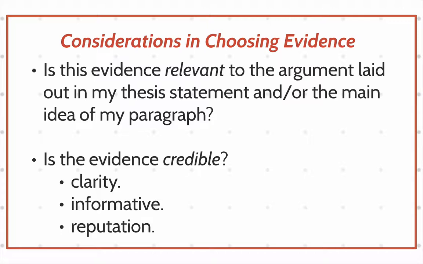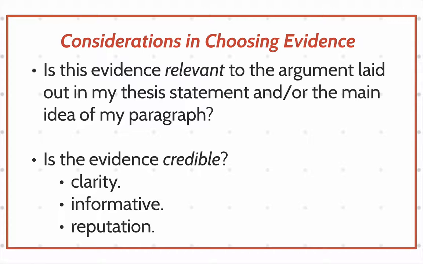I see a lot of students citing Wikipedia, and I think Wikipedia is valuable. I consult Wikipedia probably on a daily basis, but I look at it skeptically when I see it cited in a paper because Wikipedia is open source, and so anybody can edit Wikipedia. And the thing that's really frustrating when I see Wikipedia cited is that Wikipedia cites its sources.